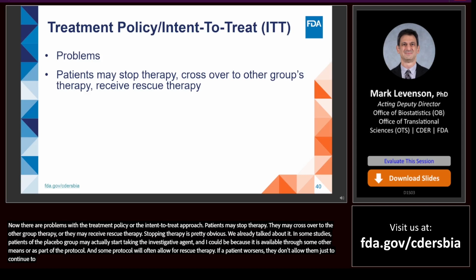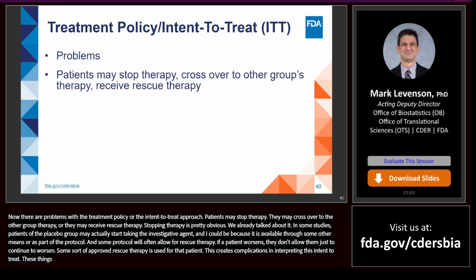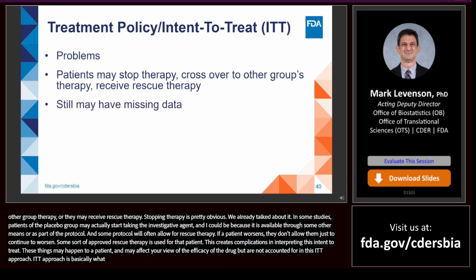So this creates complications in interpreting this intent to treat, because these things may happen to a patient, and may affect your view of the efficacy of the drug, but are not accounted for in this ITT approach. The ITT approach is basically what the effect is of being assigned therapy, not what actually happens to you. And unfortunately, you still may have missing data.